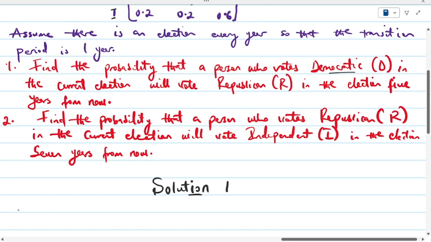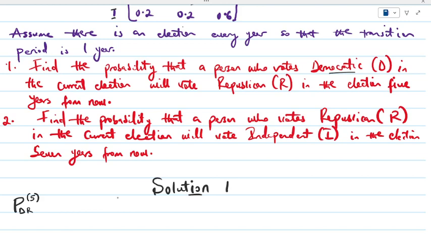The question is the probability that those who vote Democratic currently will vote Republican in the election 5 years from now. That is over 5 steps: the probability of transiting from Democratic to Republican over 5 years.